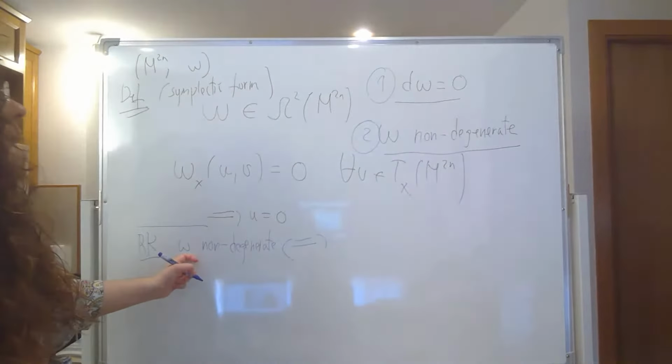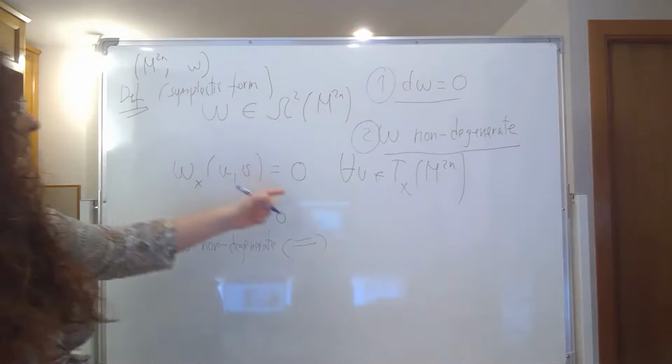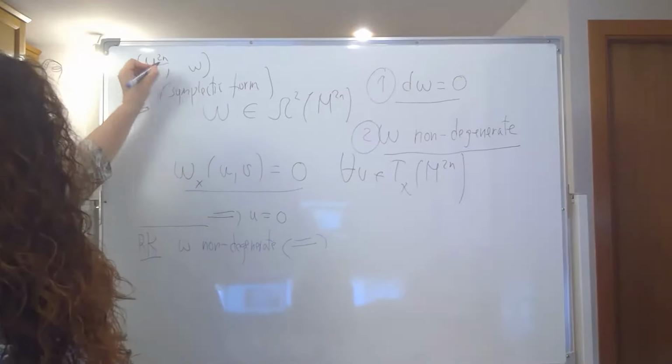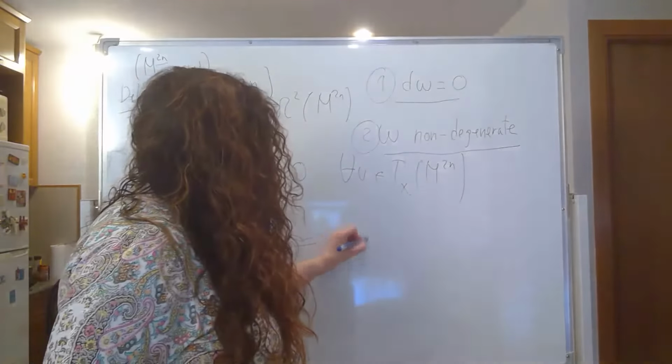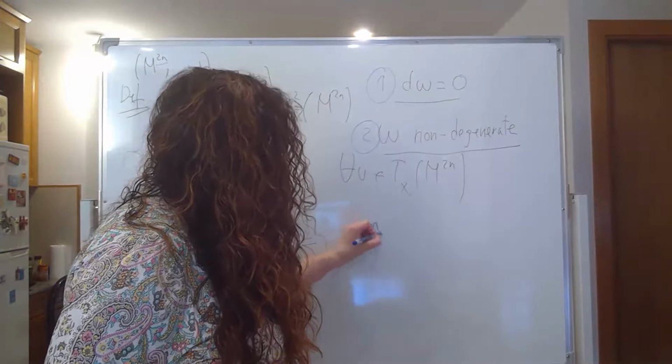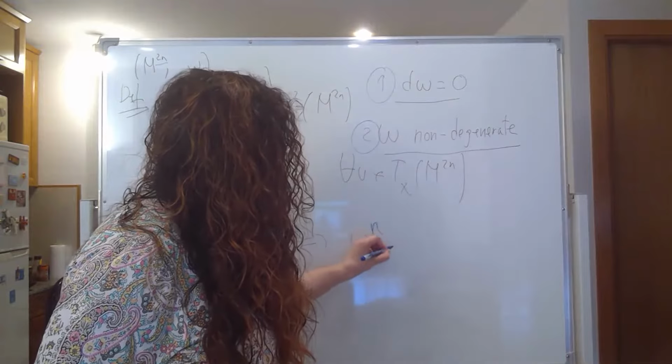Omega is a two-form defined on a manifold. This condition of non-degeneracy imposes the fact that the manifold is even dimensional, and we have the condition that omega to the n is a volume form.